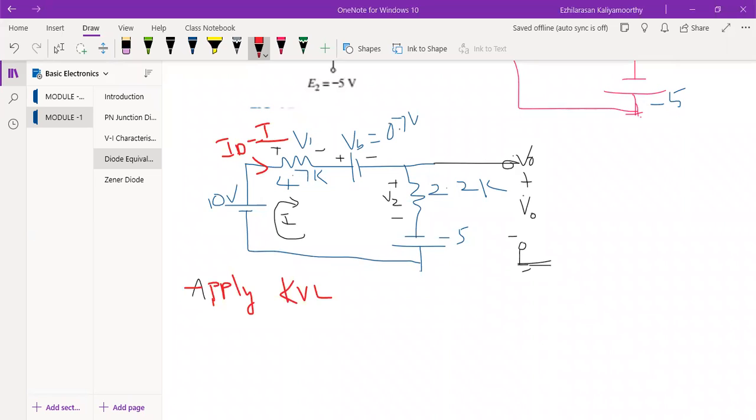So what I will get now, I is equal to V by R. So this voltage is nothing but 10. Okay, minus. I have to be very careful. So 10 minus what is the next voltage actually?